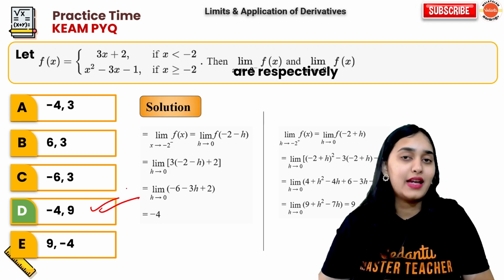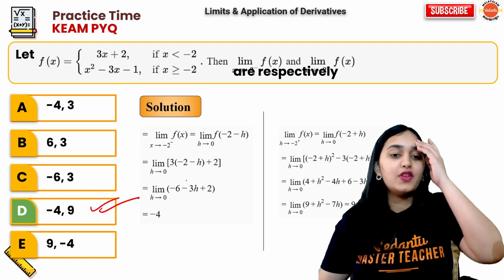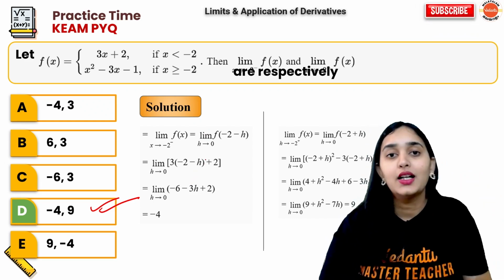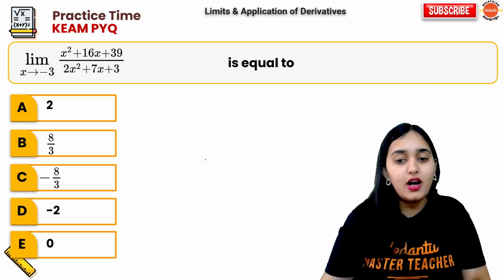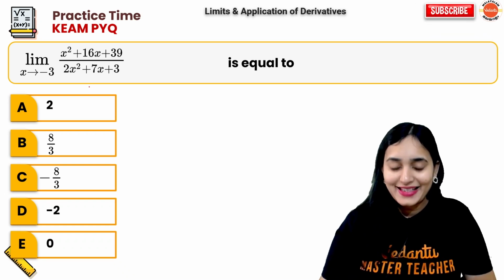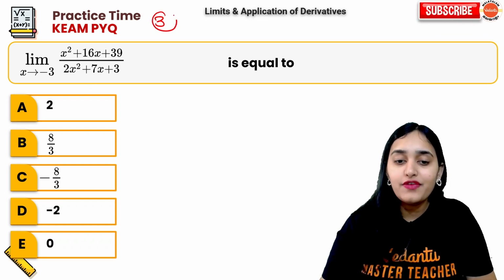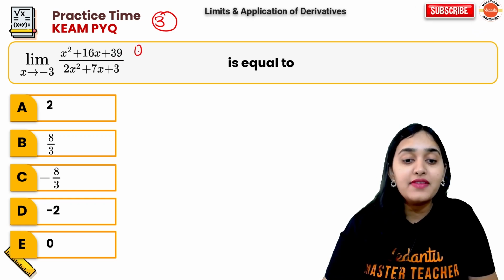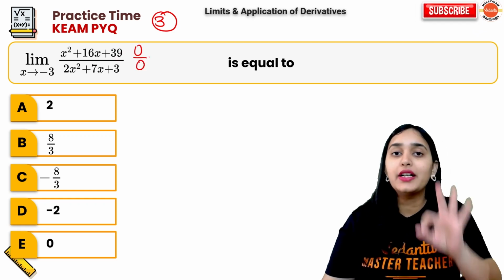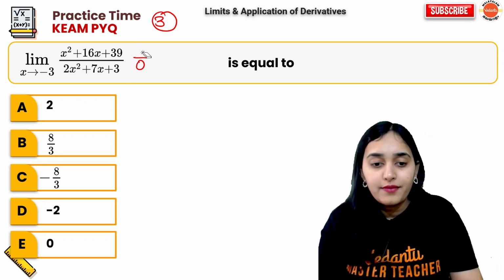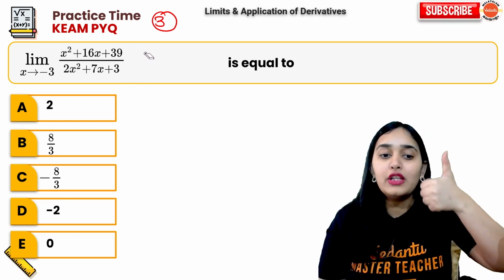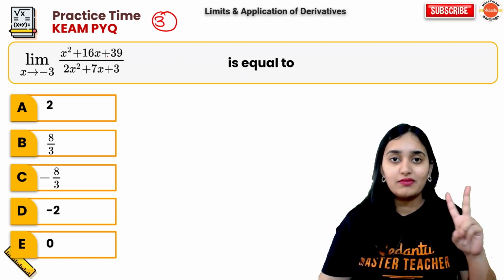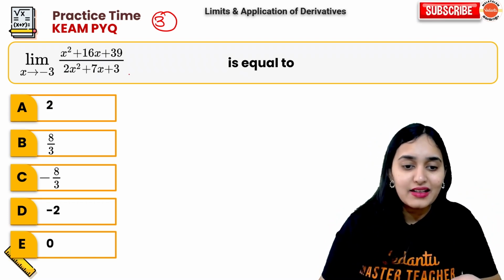Minus 4 and 9. So now you understood how you have to find out the left hand limit and the right hand limit. Okay, let's move on. Next, third method to find out limit of a function where you have 0 by 0 format. So the third method is, if you don't know the formula, there is no formula for polynomial function. Second, you cannot rationalize it.